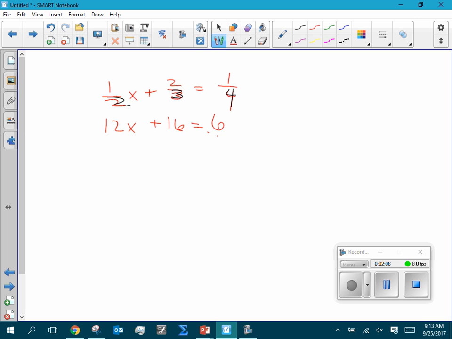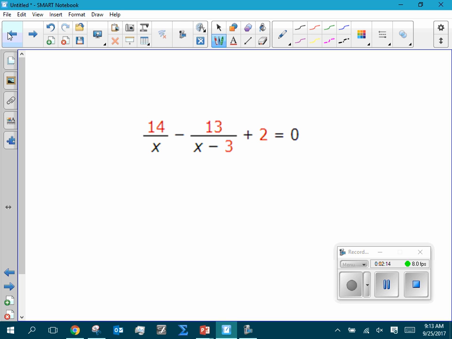When we look at something like this, understand that the x and the x minus 3 and the 1, with the 2 as a denominator and with the 0 as a denominator, those are all numerical values, right? When I know what x is.